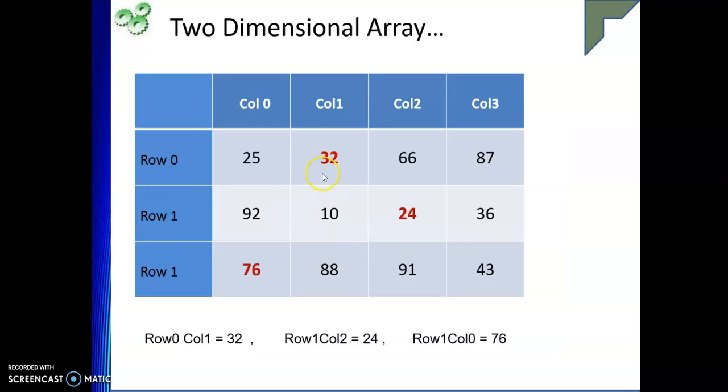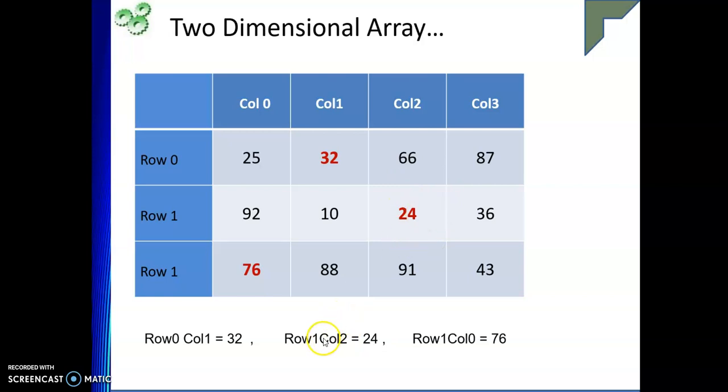So whatever I have said: if I take 32, you see here row 0, column 1. So row 0, column 1, 32, right? Next, 24, I said row 1 and column 2, which is equal to 24 itself.